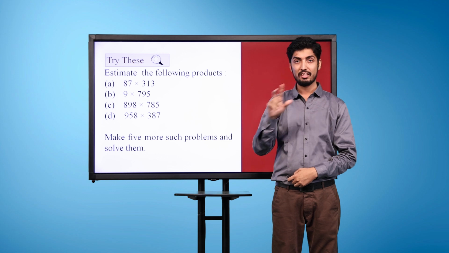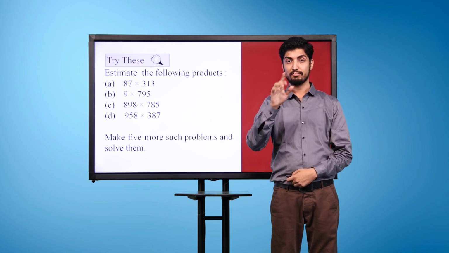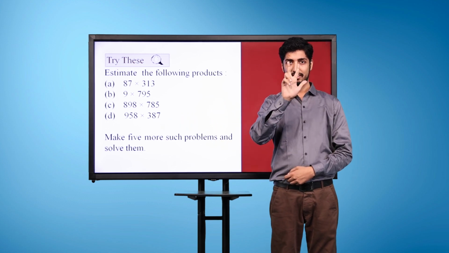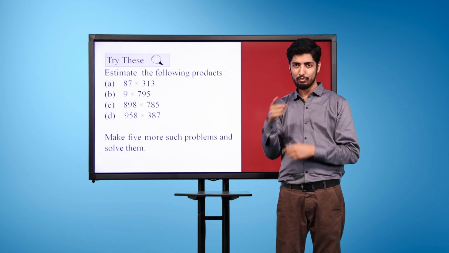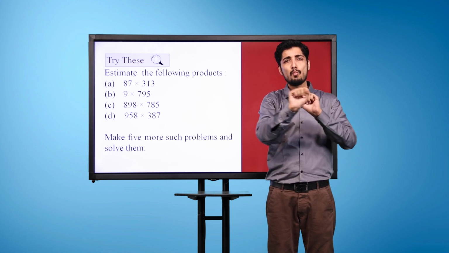C. 898 multiplied by 785. D. 958 multiplied by 387. Make 5 more such problems and solve them.